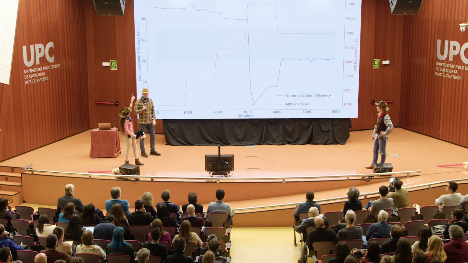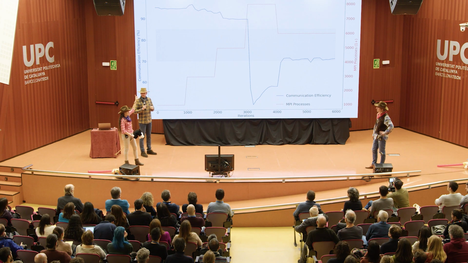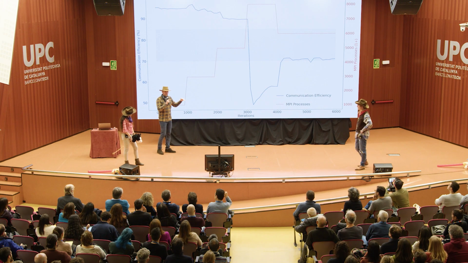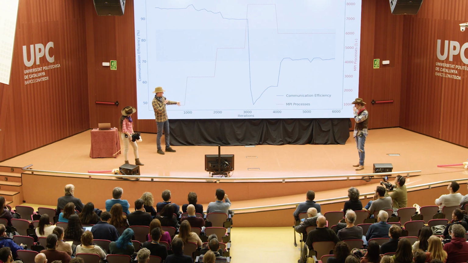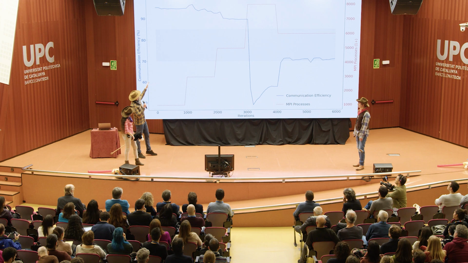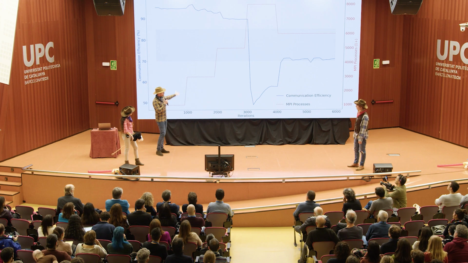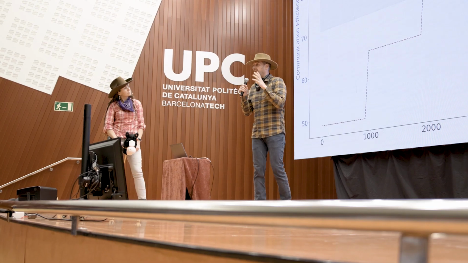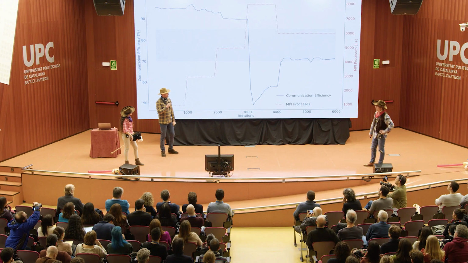So we see that your execution has a very good communication efficiency, above 90%. In that case, DMR checks that efficiency periodically, every 1,000 iterations. If that efficiency is above the threshold, DMR gives you more resources and expands that job, increasing the number of MPI ranks and speeding up your application.